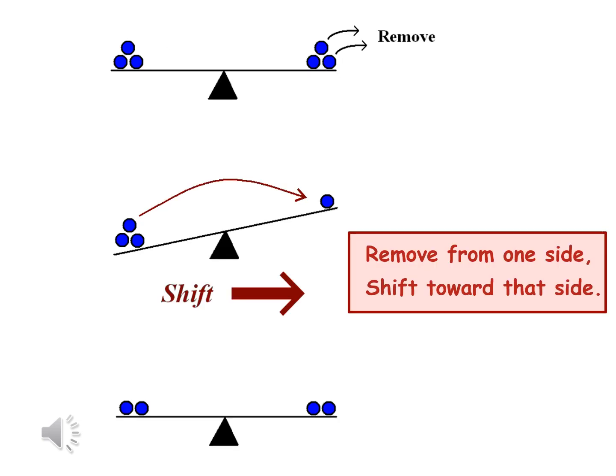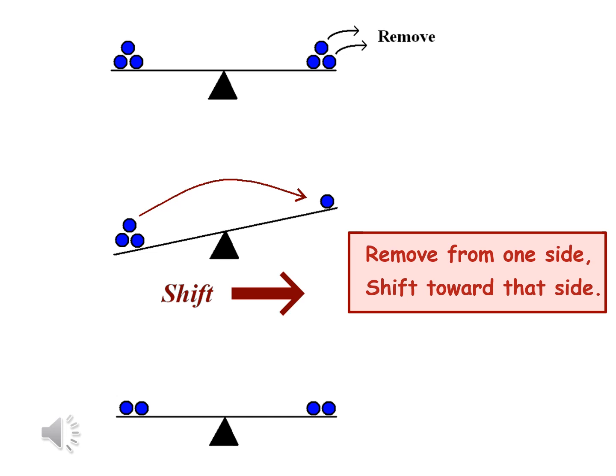I tried to show this with the analogy of a seesaw. If you start with a balanced seesaw that has 3 of those blue balls on each side, if you remove 2 of them from one side, the seesaw is going to be weighted on the other side and it goes down.